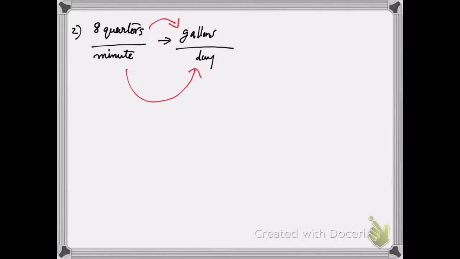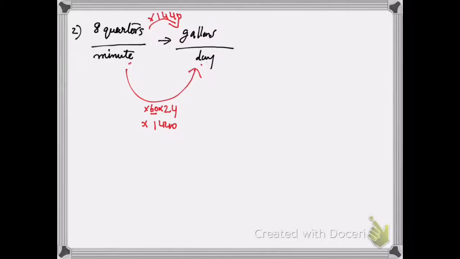So when you do this, how do you convert? So here, like we did before, when you're converting minute to a day, first convert minute to an hour. So to convert minute to an hour, you multiply with what? 60, right? And then you convert an hour to a day.